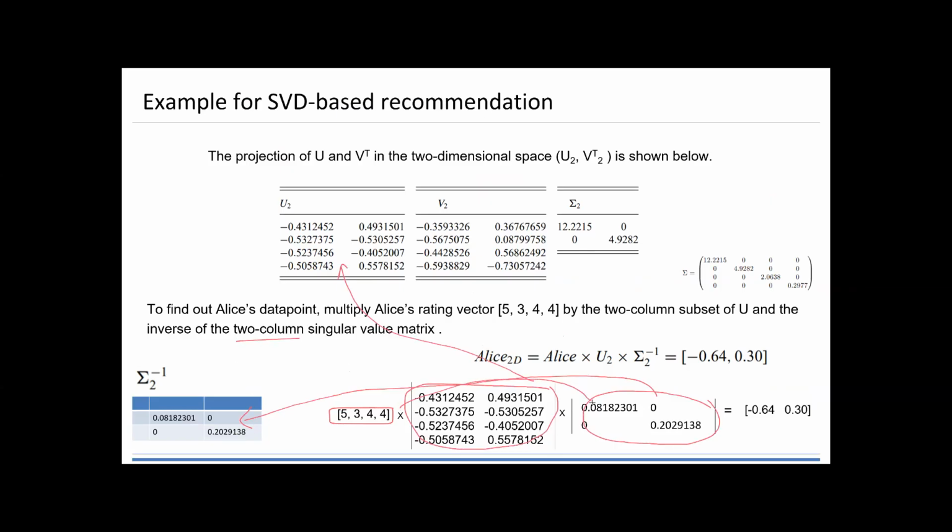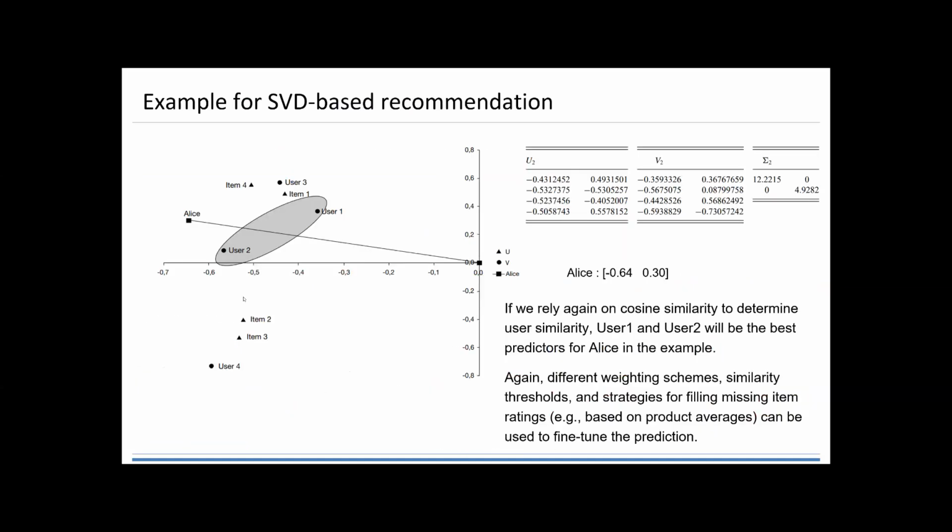After you get this calculation, the result is this one, 0.64, 0.3. Now, you can do this with the other items. You can also do it with users. And this is the plot for 2 dimensions.